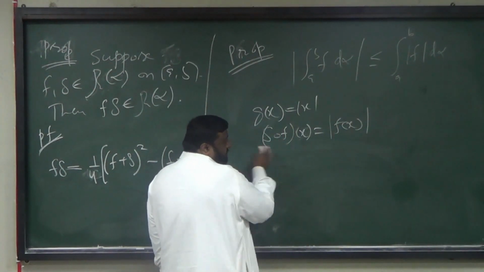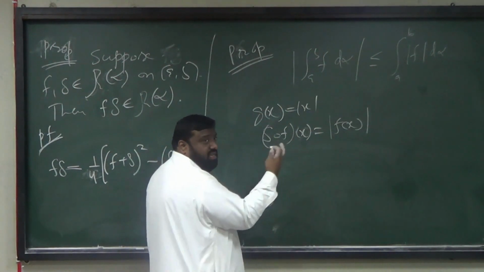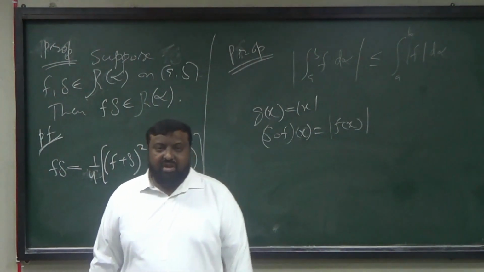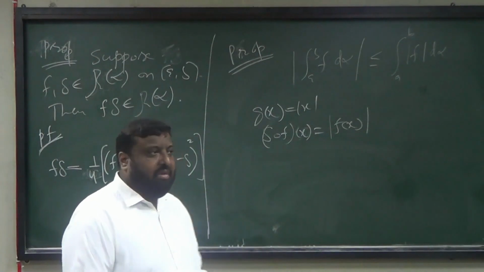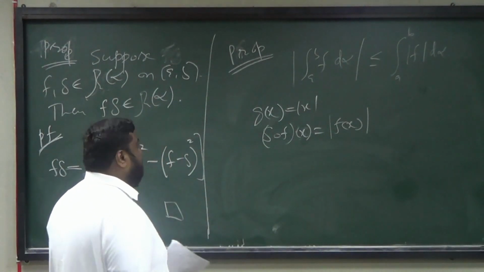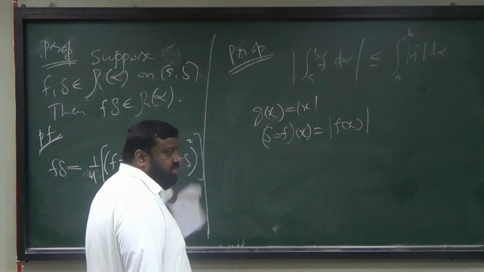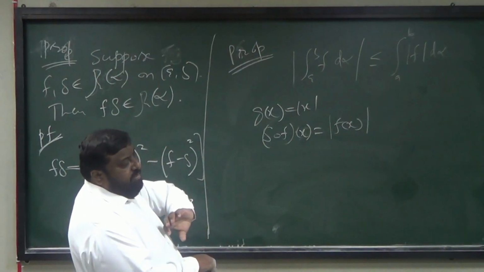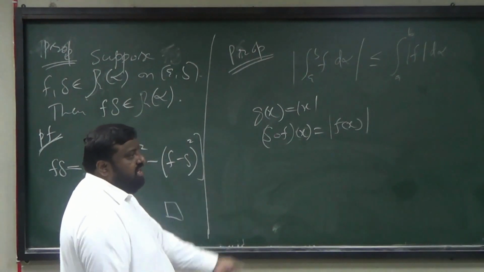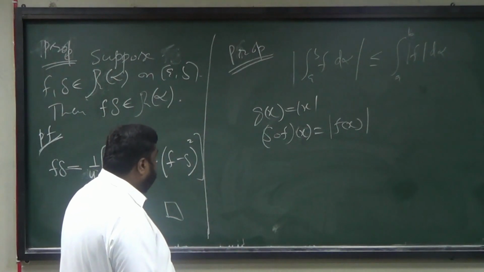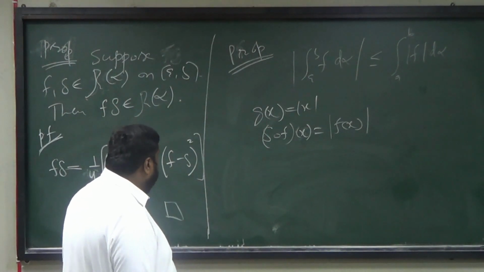And from this I can deduce that the absolute value of f is also integrable, because this composition is integrable. So you compose a continuous map with an integrable function. Then we should have it.